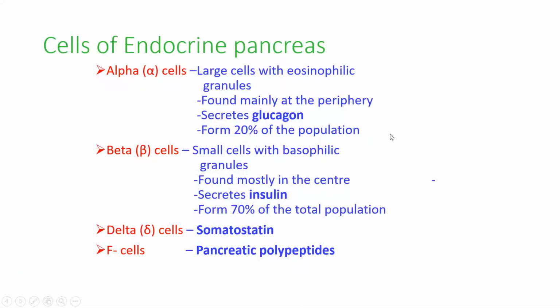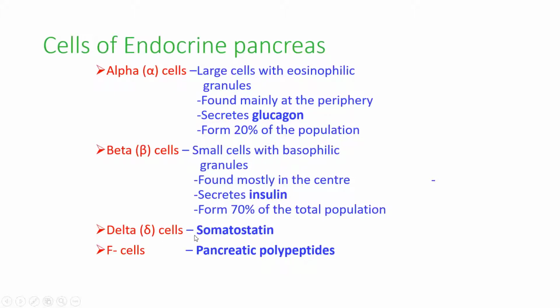This slide shows the various types of cells of endocrine pancreas and their functions. The alpha cells are large cells with eosinophilic granules found mainly at the periphery, secrete glucagon, and form 20% of the population. Beta cells are small cells found mostly in the center, secrete insulin, and form 70% of the total population.